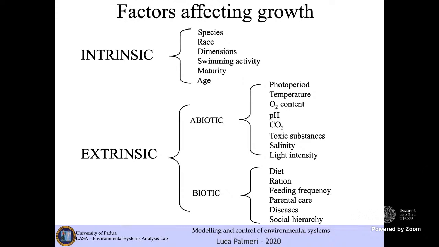So you see, diet is what the animal eats, ration is how much of what the animal eats is available per day, feeding frequency is how often the organism is feeding, while parental care, diseases, and social hierarchy are extrinsic biotic factors related to the condition in which the population we are studying is found.